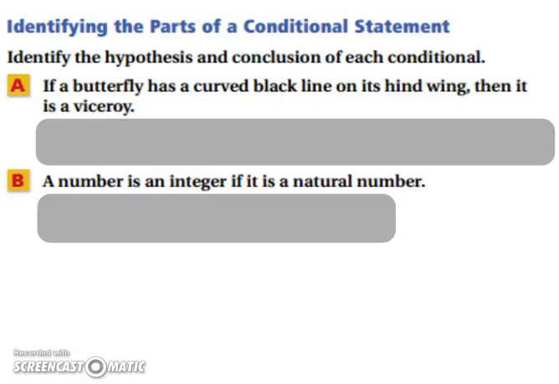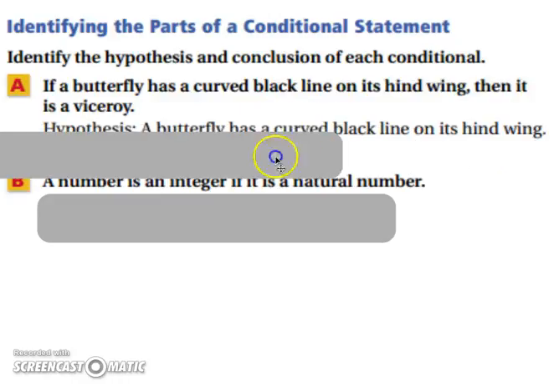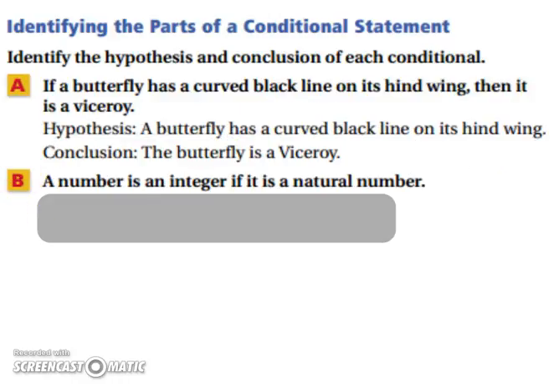The hypothesis follows the word if, so find the word if, and our hypothesis follows it: a butterfly has a curved black line on its hind wing. Your conclusion is the part that follows the word then: it is a viceroy.